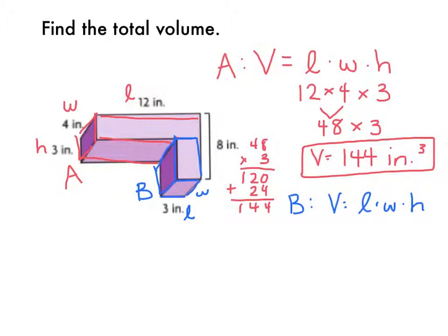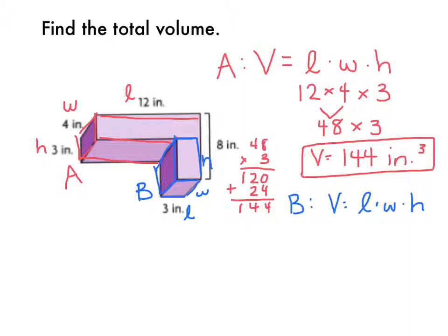And then I know the height is this piece right here. Now the whole side is equal to 8. Okay, but that doesn't mean that this piece right here in blue is equal to 8. So I need to figure out how much that is and what the width is.